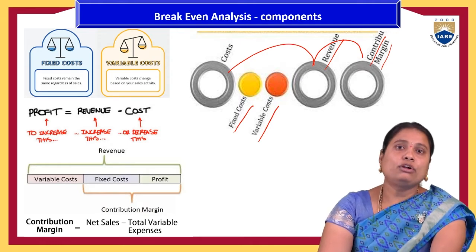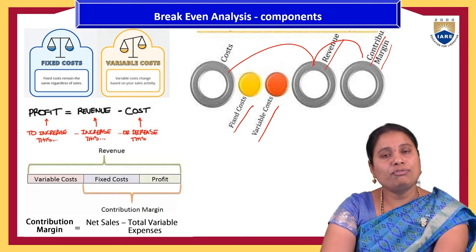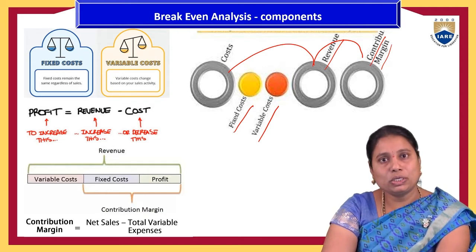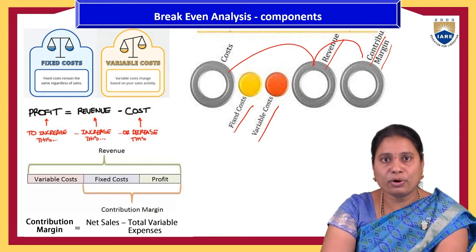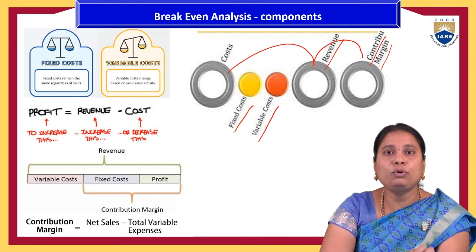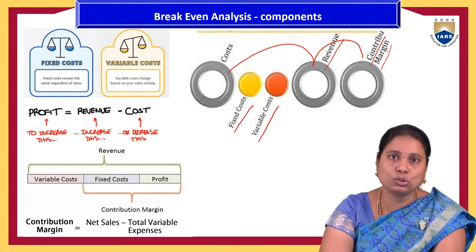So let us say to produce a product, machinery worth 1 lakh rupees is installed. The maximum capacity of that machinery is 100 products, meaning the 1 lakh machinery cost will be fixed up to 100 units. That is called the fixed cost.